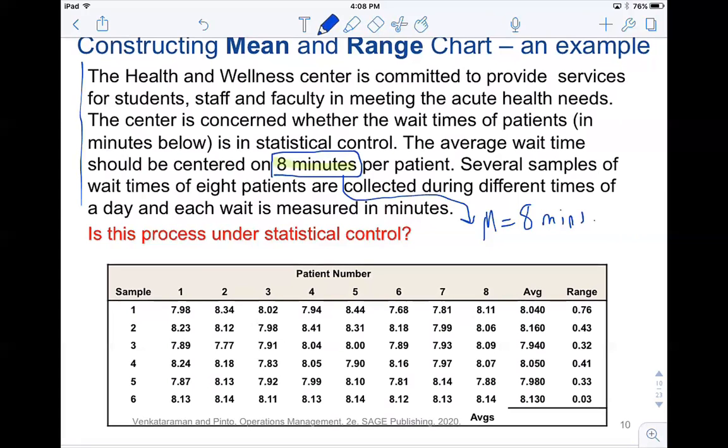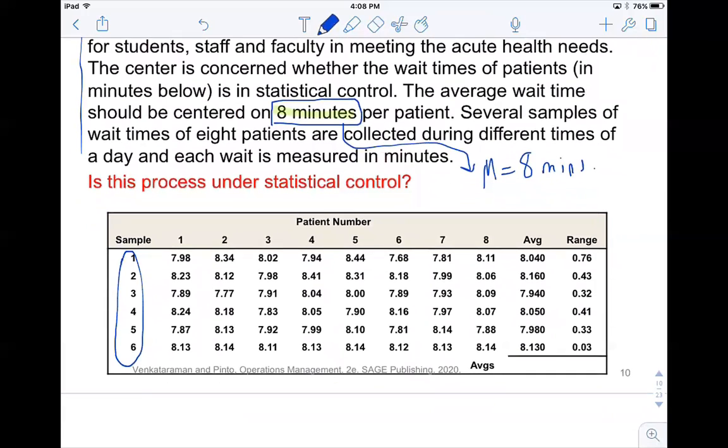Let's call them sample 1 through 6. So what we have here is K, which is the number of samples, and that's equal to 6. We do have I, that stands for sample I. We have 6 different samples, but what do I have here as a sample size?